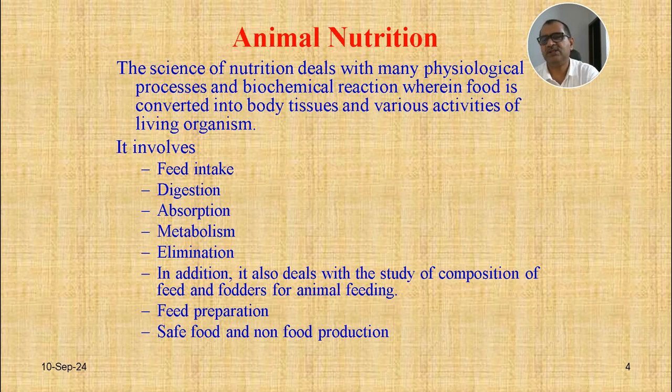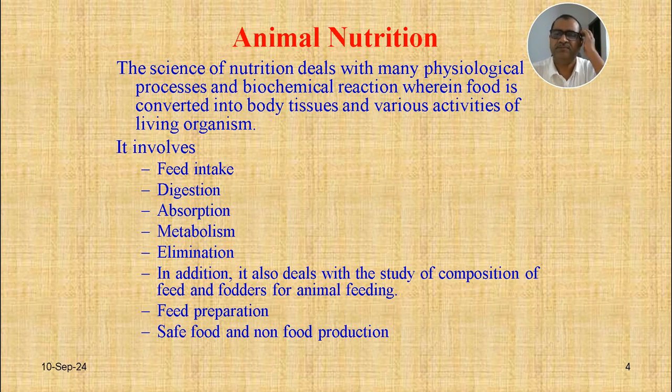So what is animal nutrition? The definition: the science of nutrition deals with many physiological processes and biochemical reactions wherein food is converted into body tissues and various activities of the living organism. This is a very broad definition of animal nutrition.